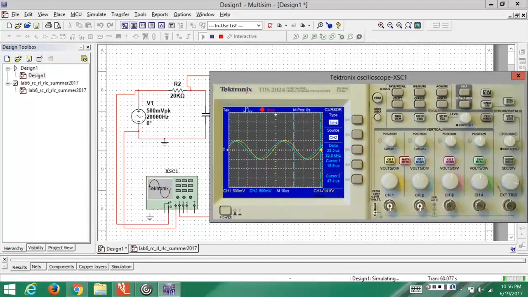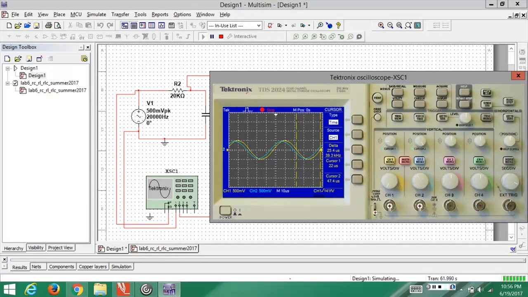Yeah, so the time reading where it intersects the x-axis and the waveform, that cursor reading for cursor 1 is 18.9 microsecond. And I had channel 1 set up at 22.